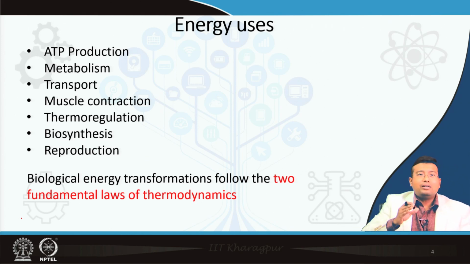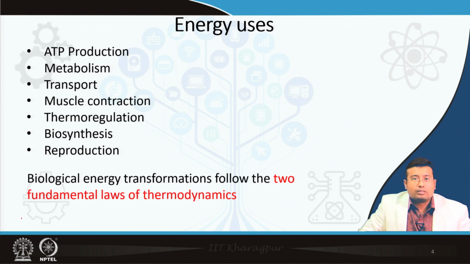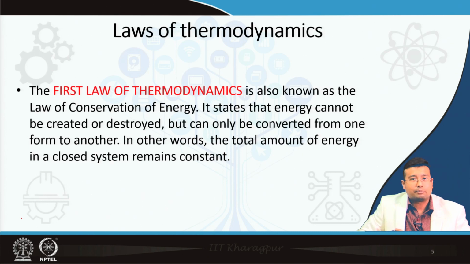The fundamental phenomenon of energy transformation is governed by the laws of thermodynamics, that is the two laws of thermodynamics, and biological systems are no exception. So, let us understand the laws of thermodynamics in a simple way. The first law of thermodynamics is known as the law of conservation of energy.